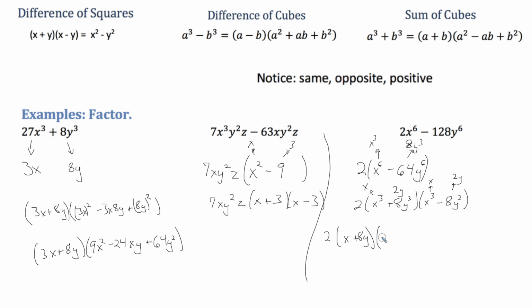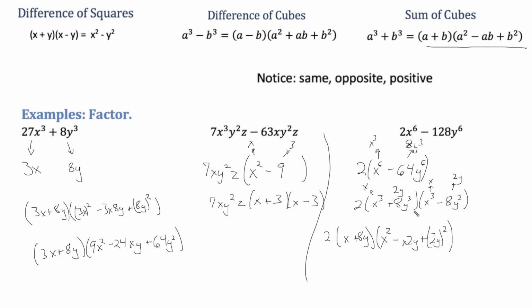Then we have x squared. So we are looking at this right now because this is a sum of cubes. So we have x plus 8y and then x squared. Opposite sign, so minus x times 2y. And then plus, because it's positive, 2y squared.